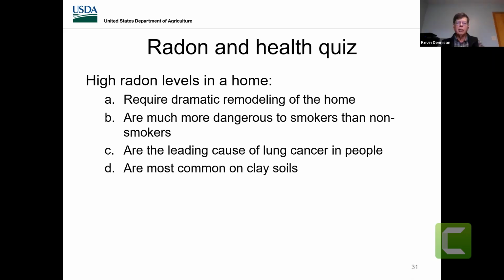So the study really showed that high radon in homes for people who didn't smoke had a very, very tiny impact on lung cancer rates. But for people who smoked, it had a dramatically higher rate of lung cancer.